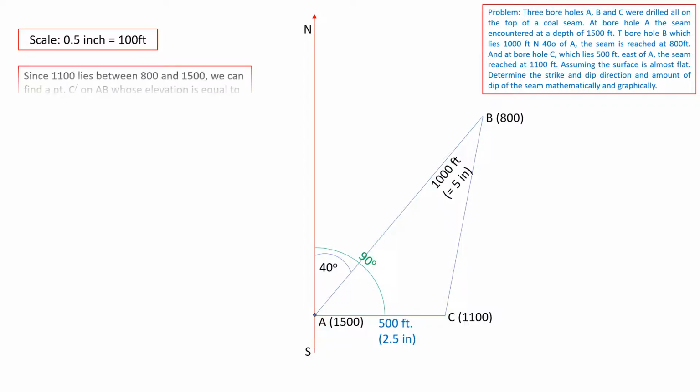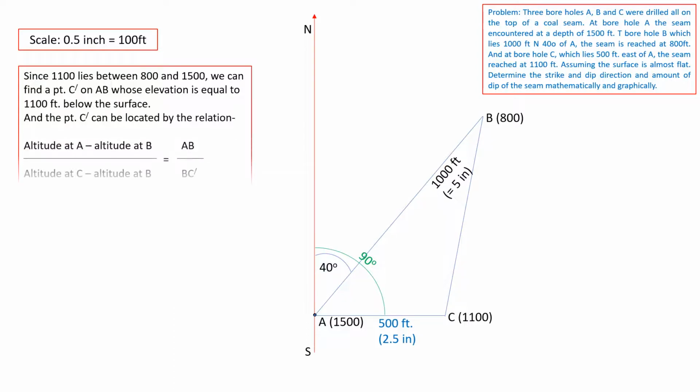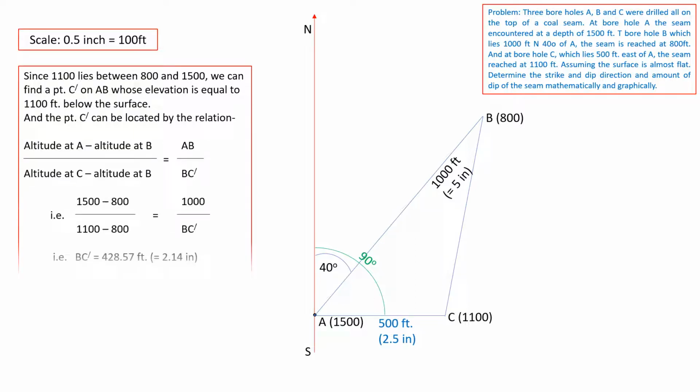Since 1,100 lies between 800 and 1,500, we can locate a point C dash somewhere along this line AB, whose elevation is equal to 1,100 feet below the surface.